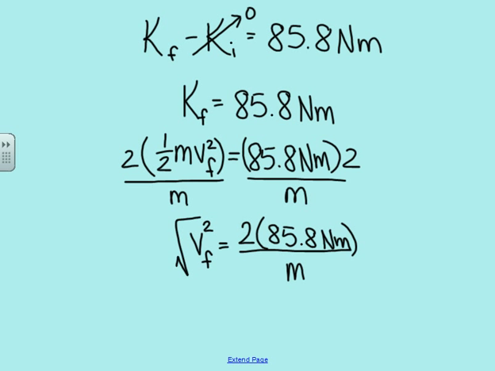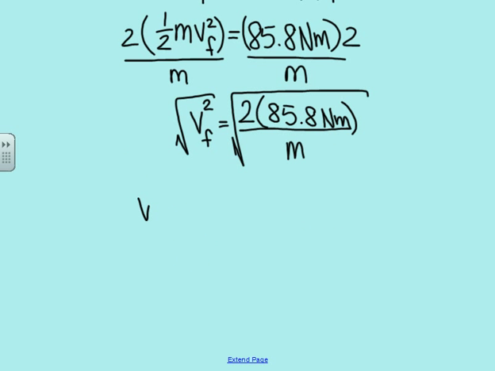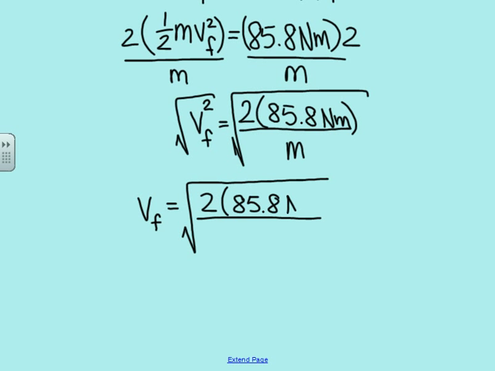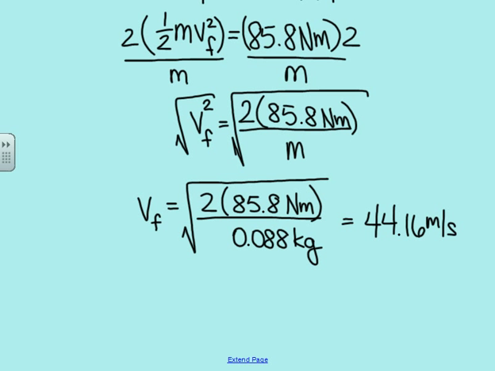And then to get final velocity all by itself, I'll take the square root of both sides, so that the final velocity, really final speed in this case because we don't know anything about direction, is the square root of 2 times 85.8 Newton meters divided by 0.088 kilograms. This gives us a final speed of 44.16 meters per second.